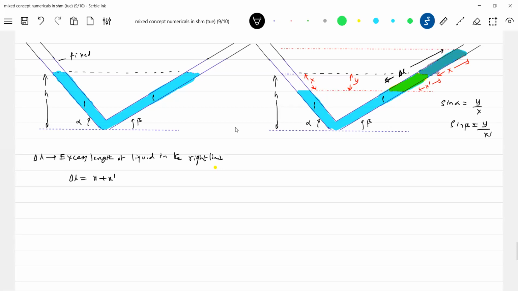So equating these two, x sine alpha equal to x dash sine beta. Let me replace that. What is x dash? x sine alpha by sine beta.